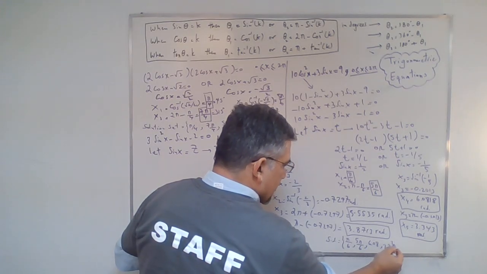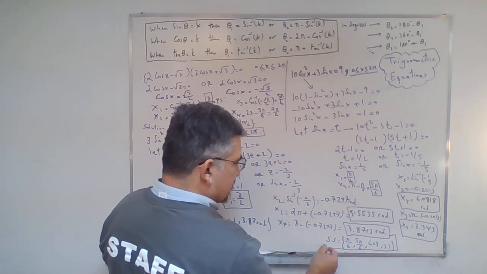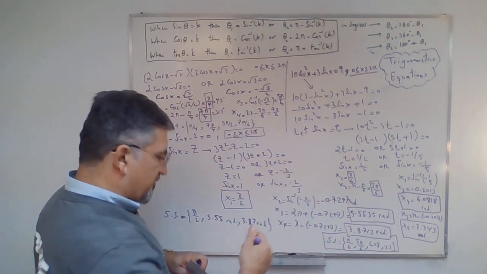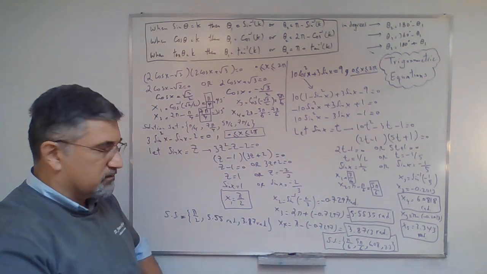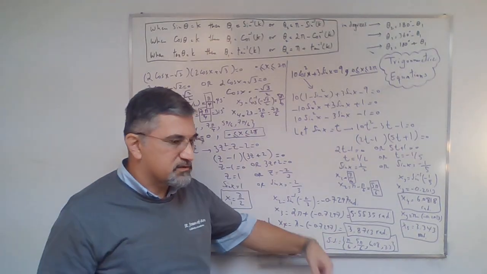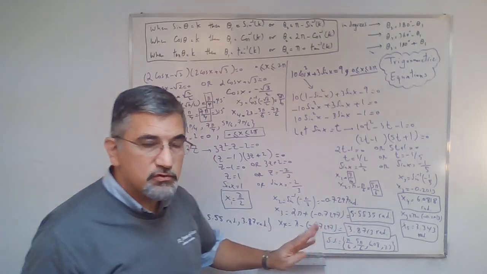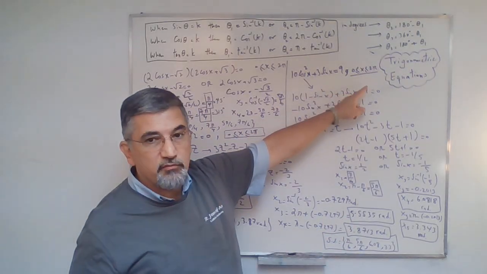All are in radians, of course. We don't write radian, but if it's degrees, you put the little circle at the top right corner. But it's not customary to write radian. When you say pi over 6, automatically it's understood that it's in radians. So 1, 2, 3, 4 solutions. All 4 of them are within the given domain.